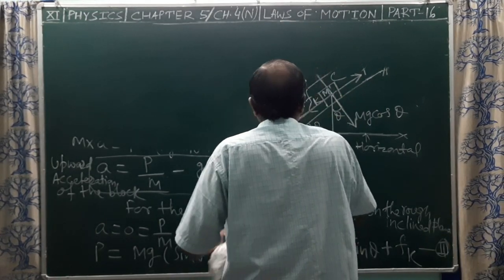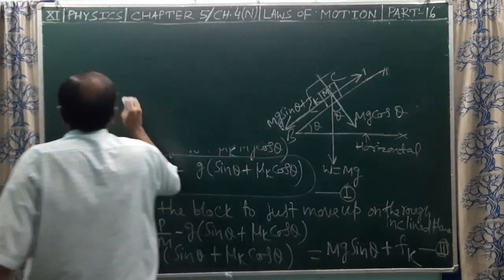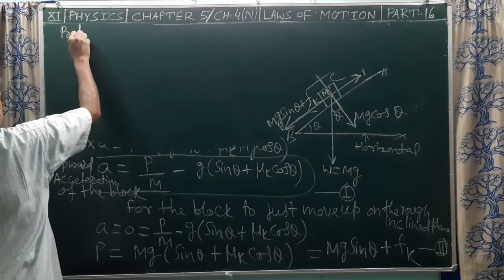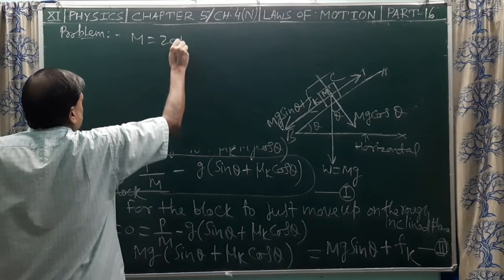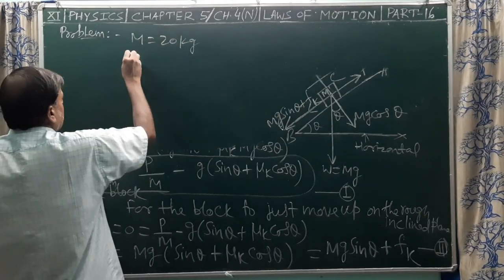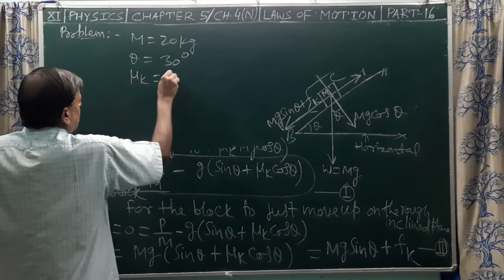So in this case P is equal to mg sin θ plus Fk. The mass of the block is given, m is equal to 20 kg, the inclination of the rough inclined plane with the horizontal is 30 degrees, and μk is given as 0.5.